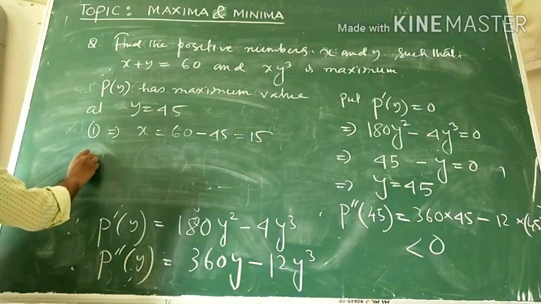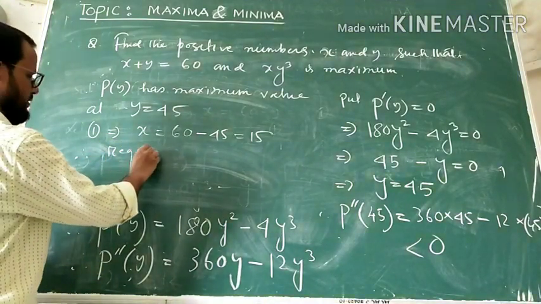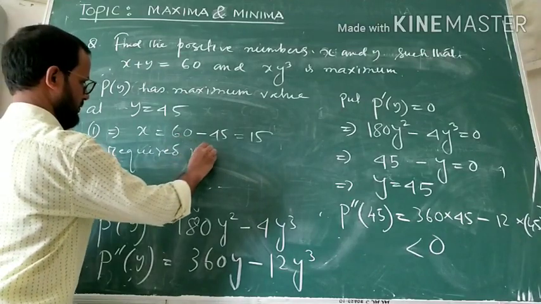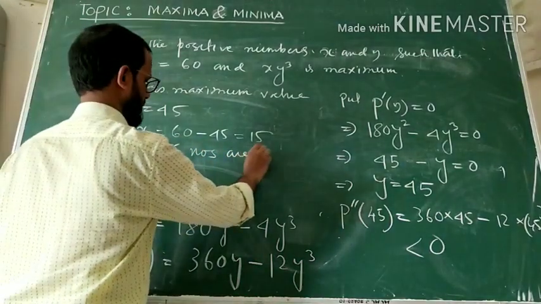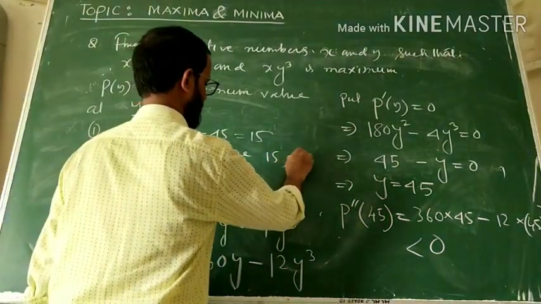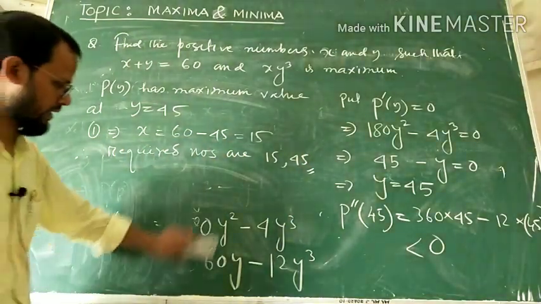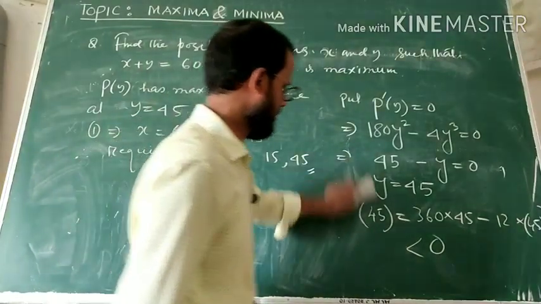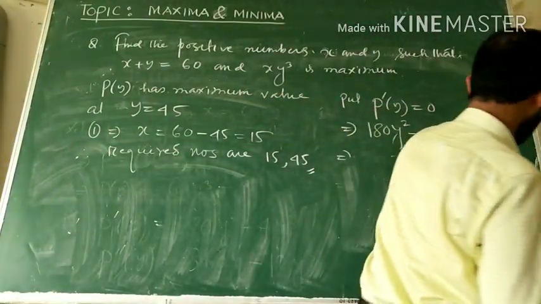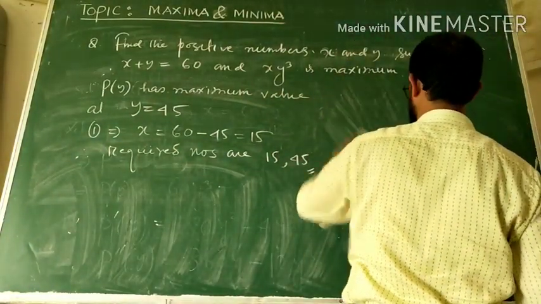Therefore, the required numbers are 15 and 45. So this is the way you have to solve the questions. Okay, another question I am going to solve in this particular class, and end my class today.